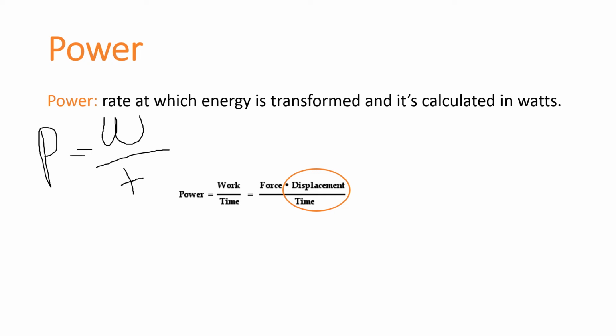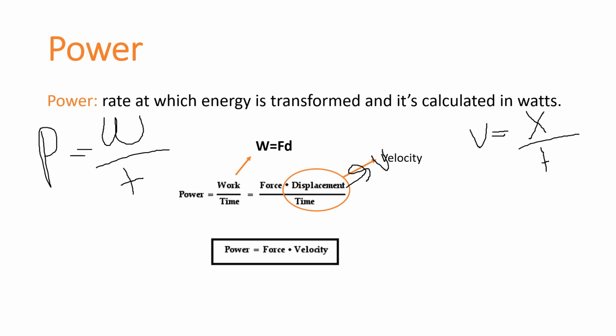And we know work equals F d cos theta, but for now we will ignore the angle, so we will just put force times distance over time. Distance over time would give us velocity, because we know velocity is equal to change in distance divided by change in time. And so that would leave us with force times velocity, which is P equal Fv.